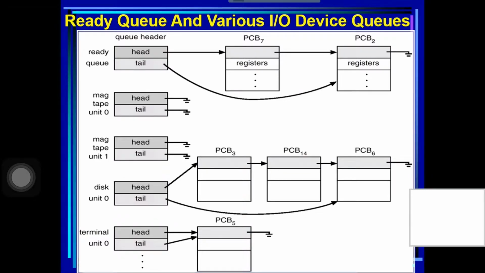The system also includes other queues like this diagram. When a process is allocated the CPU, it executes for a while and eventually quits, is interrupted, or waits for the occurrence of a particular event, such as the completion of an I/O request.